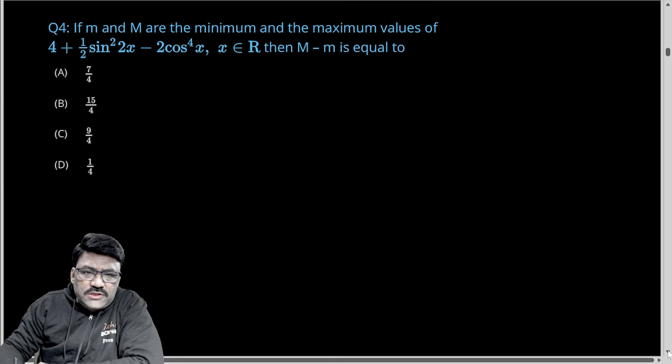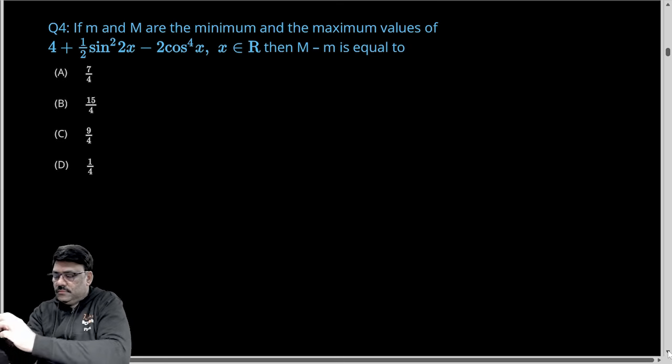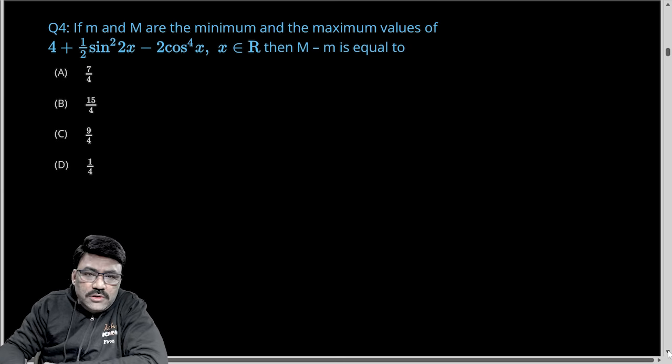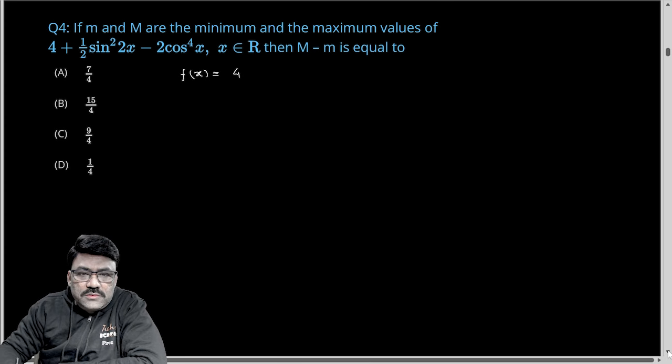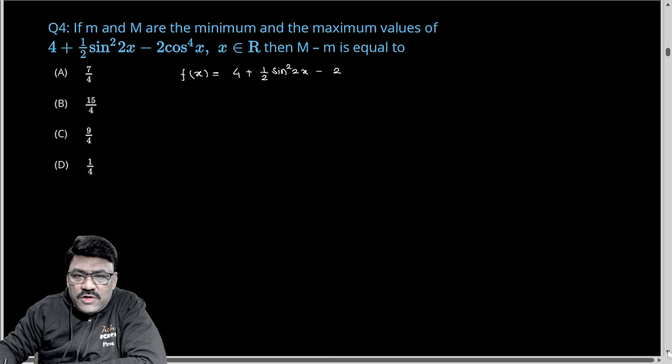So let me call this function as f(x). So f(x) is what? 4 plus half sine square 2x minus 2 cos raised to 4x, which can be written as 1 plus cos 2x over 2 whole square.